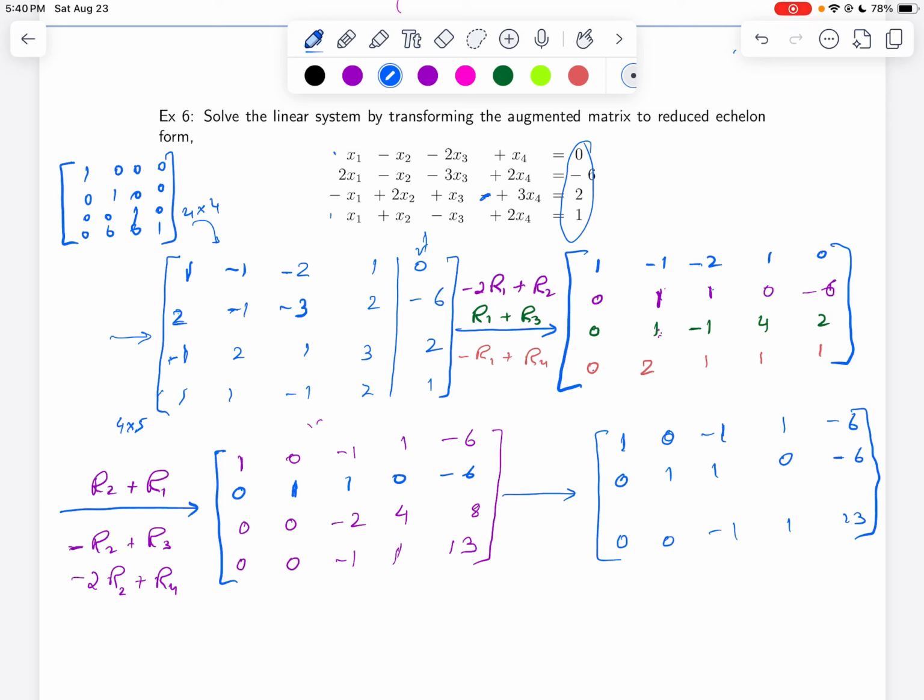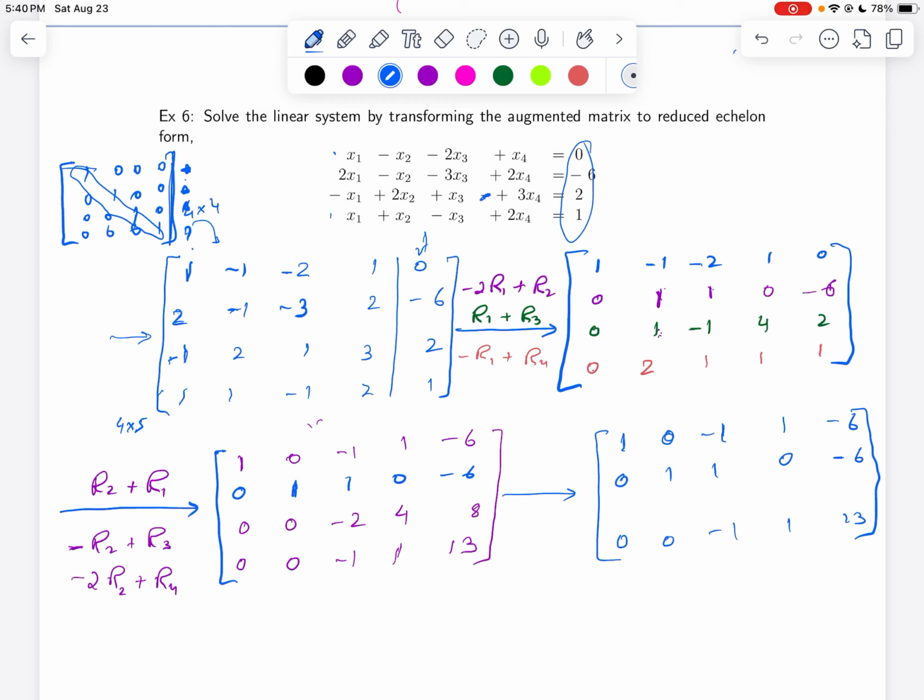If you notice, on the diagonal we have all ones and the entries everywhere else are 0. Now if you keep the augmented part with it, the numbers over here, we don't know what they will be. This is what you are going to calculate while we are doing the reduction.